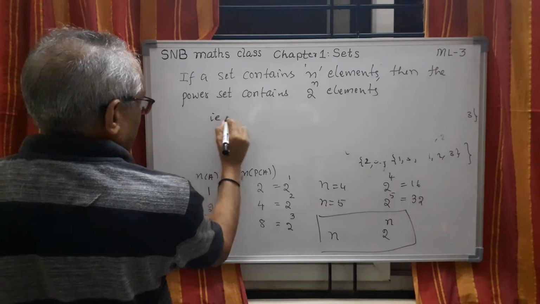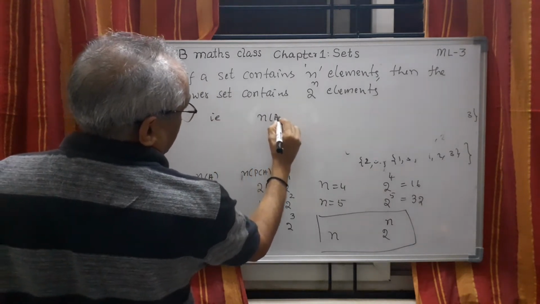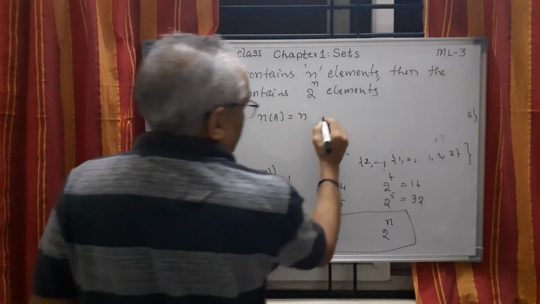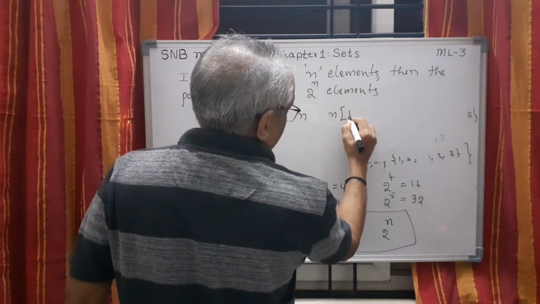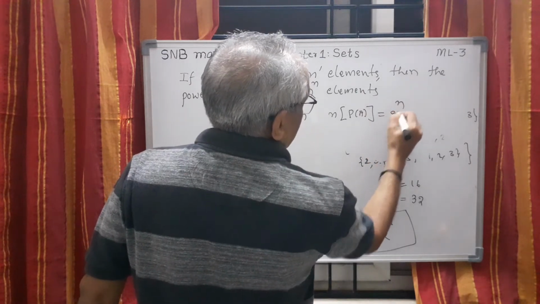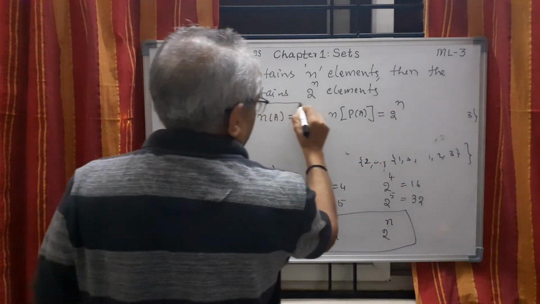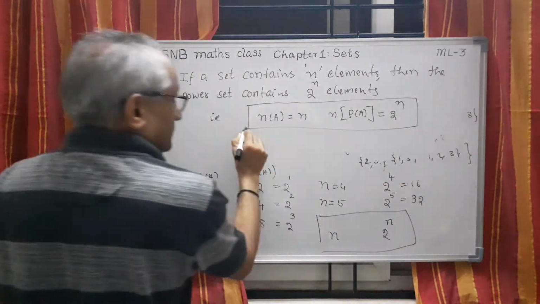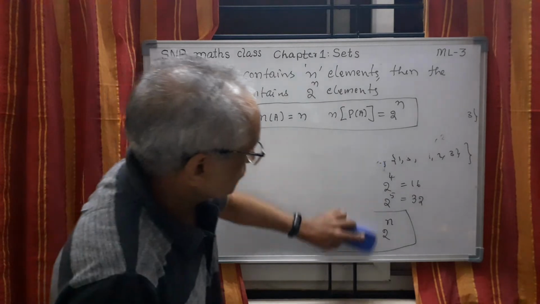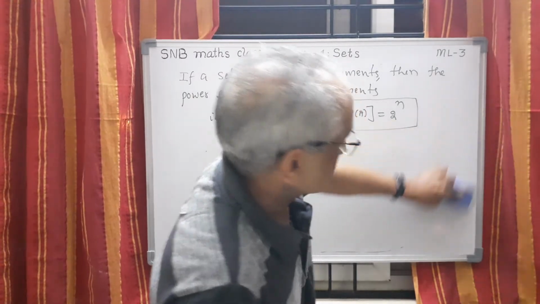That is, you can remember, if n(A) equal to n, the number of elements of A equal to n, then n(P(A)) equals 2 to the power n. So you remember this as a result. The power set of A has 2 power n elements. So this is a thing.